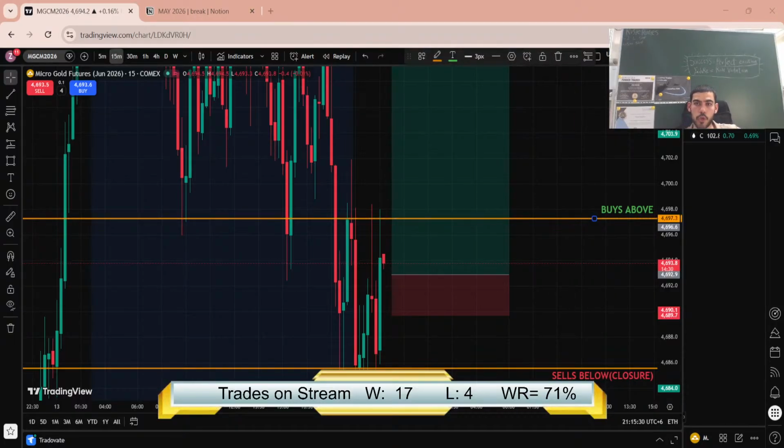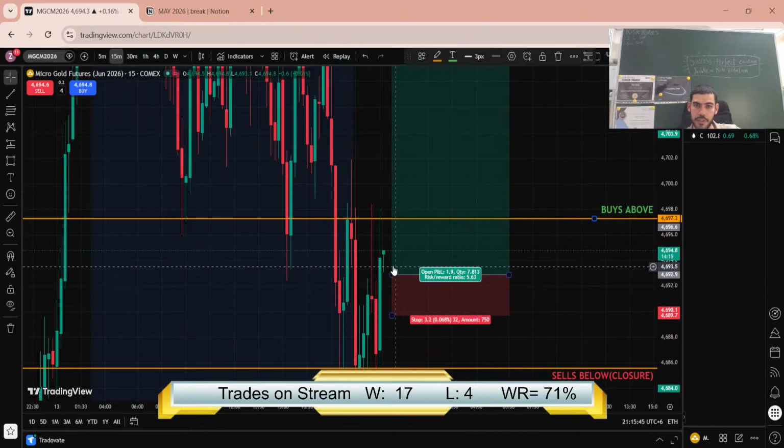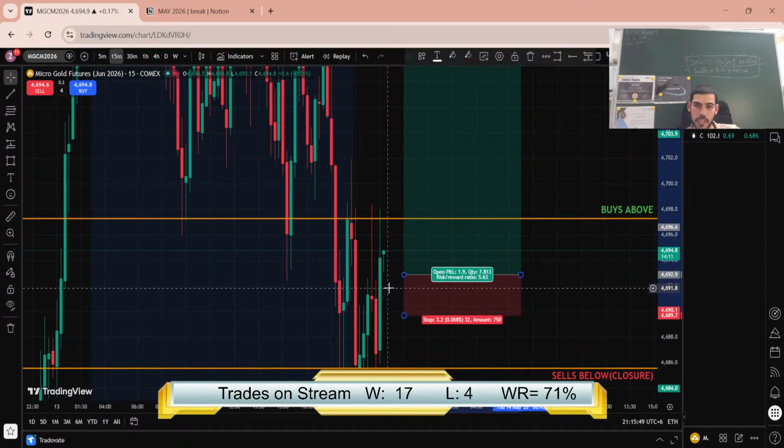I think it doesn't look good to take a trade right there. It's better to be patient and wait for another confirmation, at least another confirmation. It looks a little bit risky. This setup right there looks a little bit risky at any time.